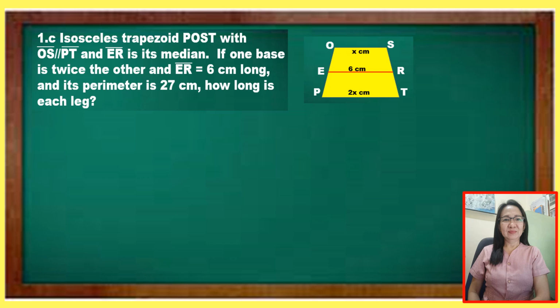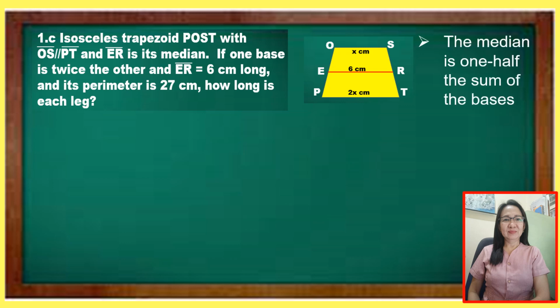So again, this is our problem and our illustration. Let us use the idea that the median is 1/2 the sum of the bases. So the median ER is equal to 1/2 times the sum of our base 1, which is OS, plus our base 2, which is PT.